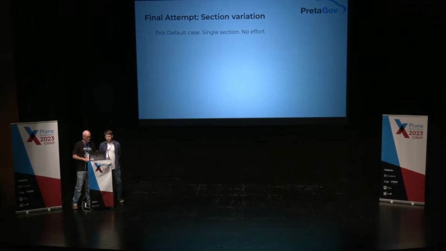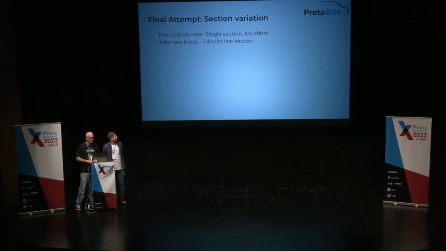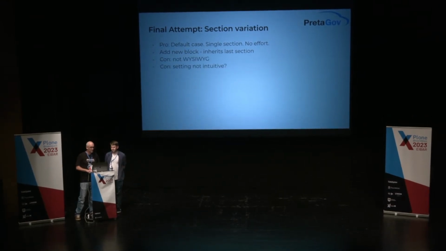So it did help with that no effort default use case. It's not that WYSIWYG, right? Because it's supposed to be full width, but in this case, there is no full width. There's no representation of how that section is going to work on the screen, and that's not great. And possibly it's not the most obvious place to look for how do I create a new section. And also, all blocks need this variation to work.